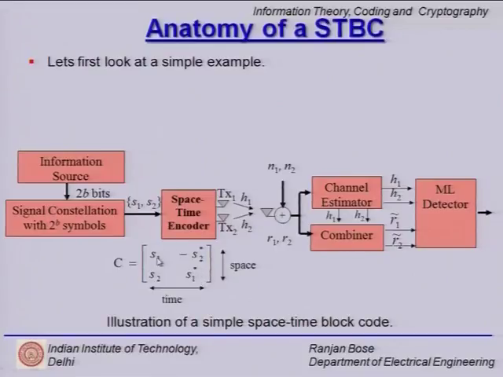Regardless of what S1 and S2 are, the next two symbols to be transmitted simultaneously will be minus S2 star and S1 star. This is just an example. This is a strategy. This is my coding strategy, and therefore, this can represent my space time block code.